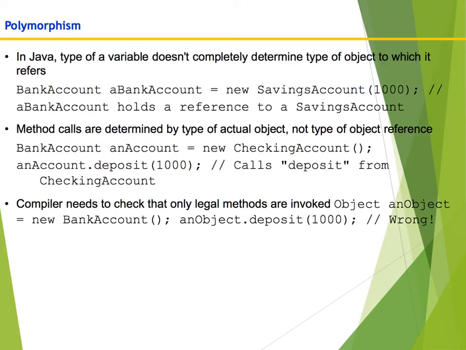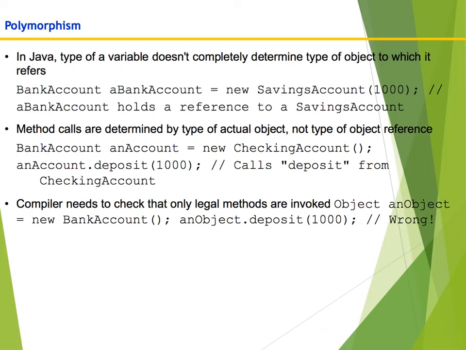For example, if you have a variable of type bank account, like in this slide, and you set it equal to a new savings account, then the bank account variable holds a reference to that savings account, and obviously savings account is a subclass of bank account. So the variable itself has a static type of bank account, but it dynamically refers to a savings account.